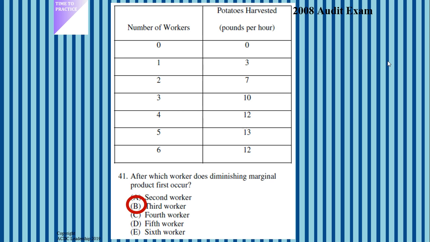So it's when you hire that third one, that's how you have to think about it. It's not the second one, it's when you hire the third. Does that make sense? Okay.